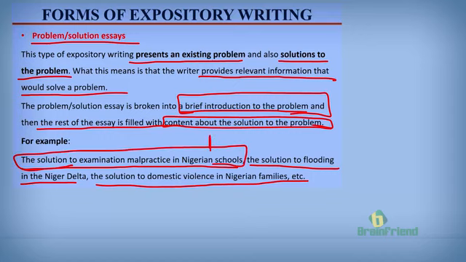This one here provides the solution to examination malpractice in Nigeria, which is the problem. The second one provides solution to flooding in the Niger Delta, and flooding in the Niger Delta is the problem. The problem in this one is domestic violence in Nigerian families. So these are good examples of topics to write this kind of essay on.